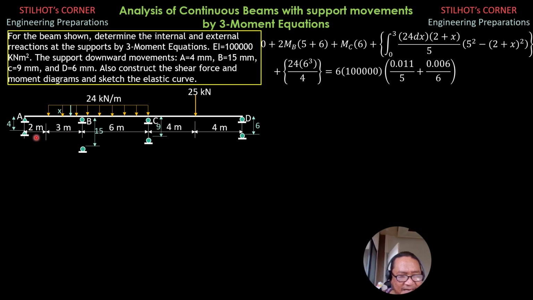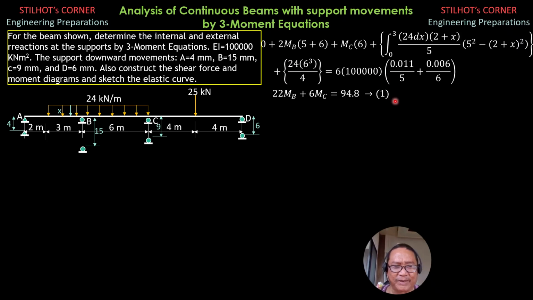Positive 11 mm or 0.011 over LAB, which is 5, plus C is above the horizontal line through B by 6 mm, 15 minus 9. So that's why you have plus 0.006 over 6. So remember the three-moment equation. Simplifying, we have 22 MB plus 6 MC equals 94.8.